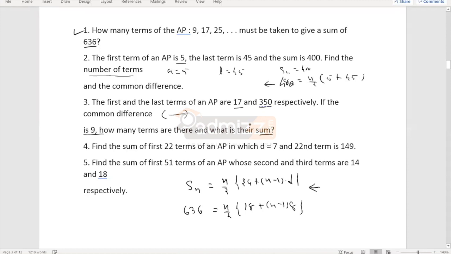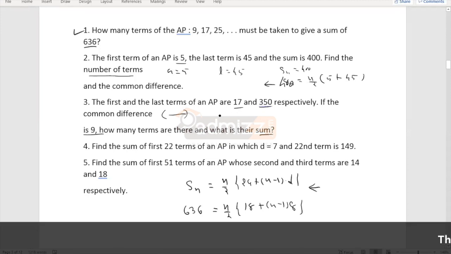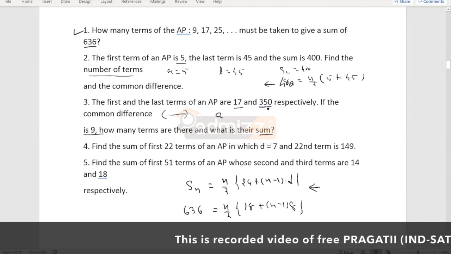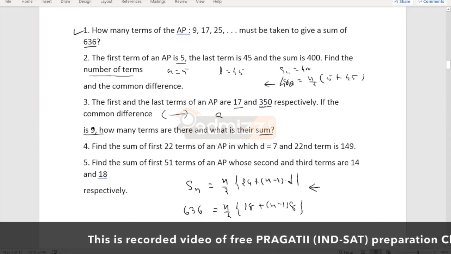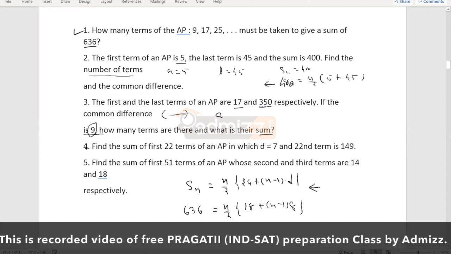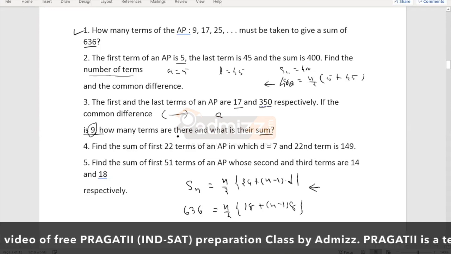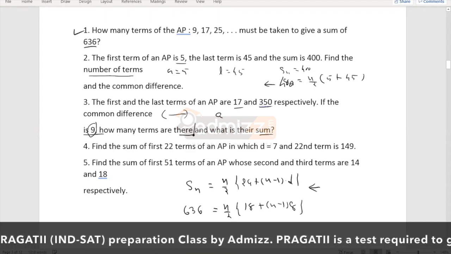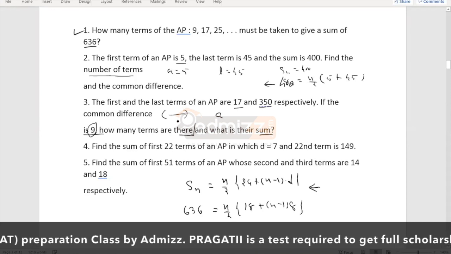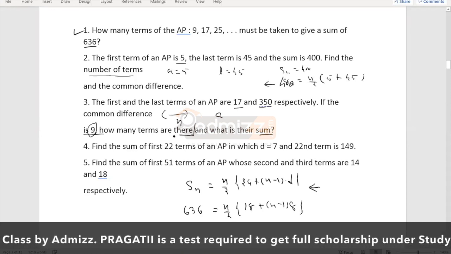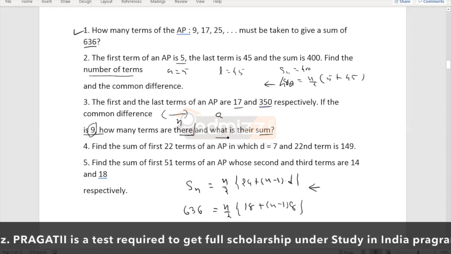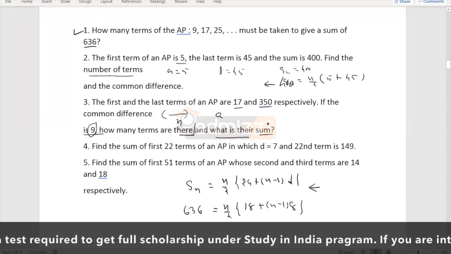Now look here, this is a very tricky sum. What is given? The first term a is given. 350 is the last term. The common difference between them, 9, is given. How many terms are there? So you have to find n also. And what is their sum?